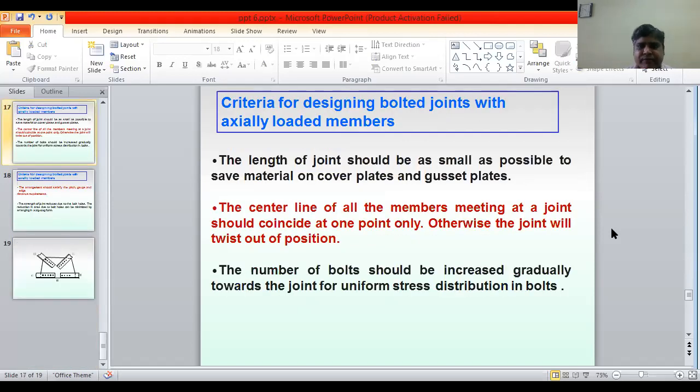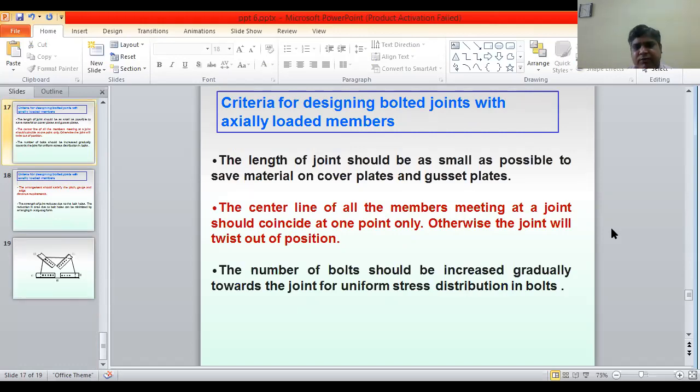Now, criteria for designing bolted joints with axially loaded members. First, the length of the joint should be as small as possible to save material on cover plates and gusset plates. Gusset plates are the extra plates provided for the plate connection.